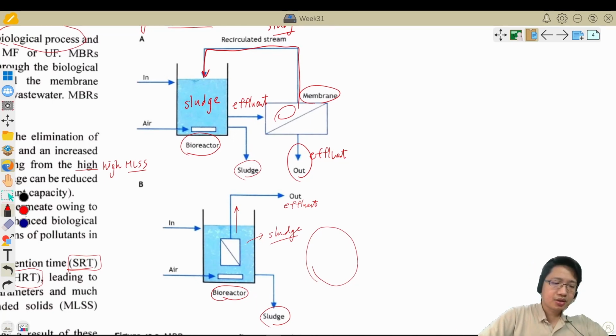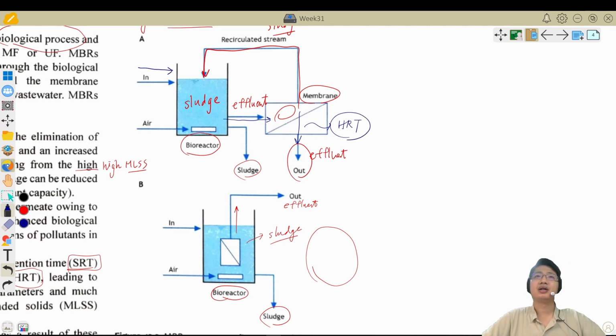First of all, your liquid flow stream is coming here and then passing by your bioreactors and through your membrane modules. So here is your HRT.